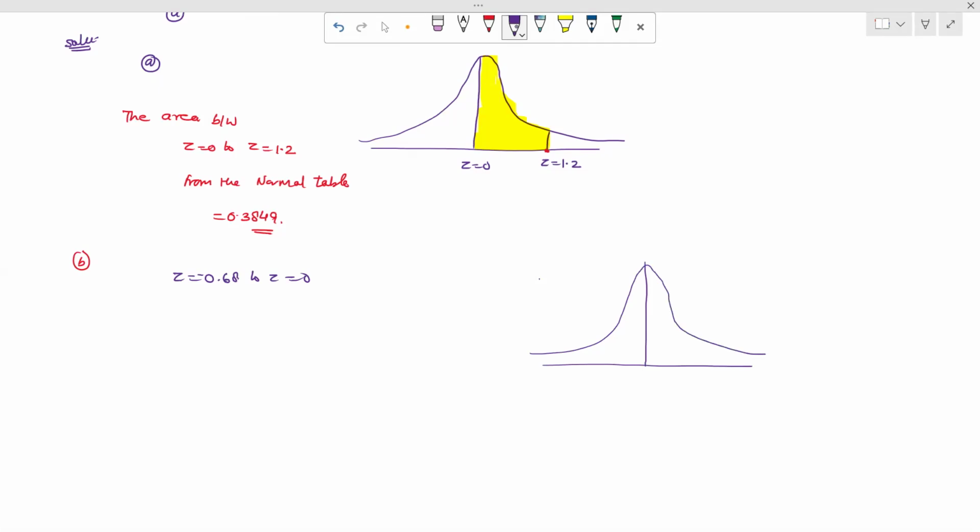Here z is equal to minus 0.68 and here z is equal to 0. So this is our required area.